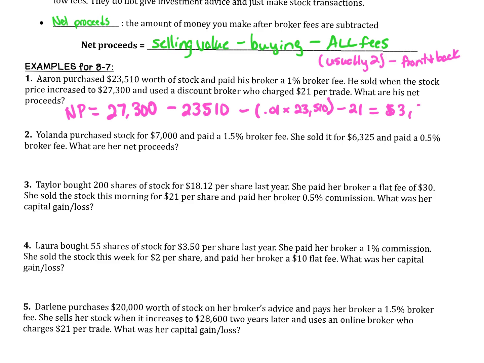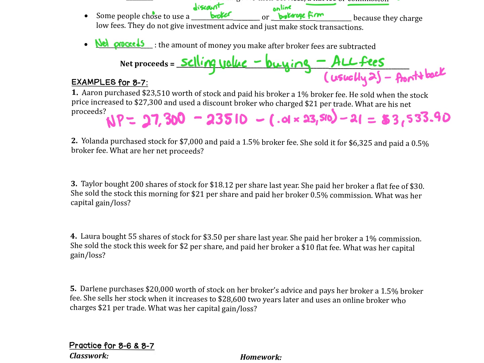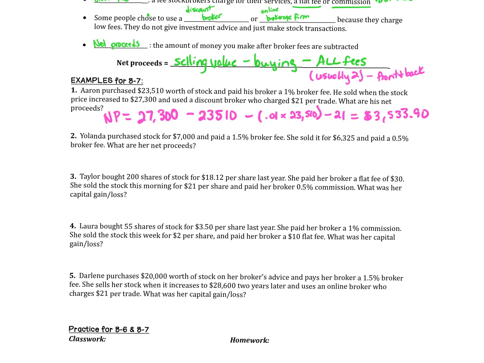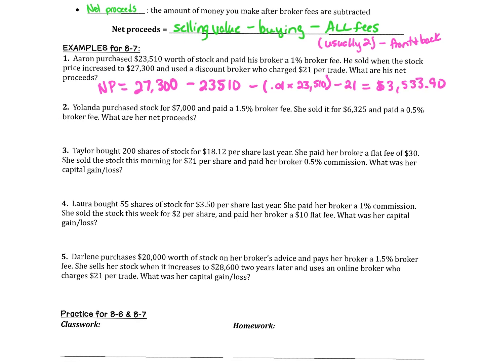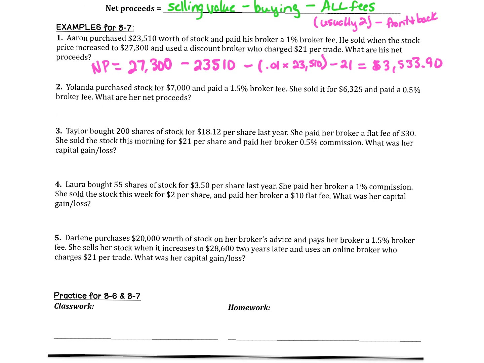That should end up being $3,500 approximately is the net proceeds. Okay. All right. Yeah, let's look at these two.